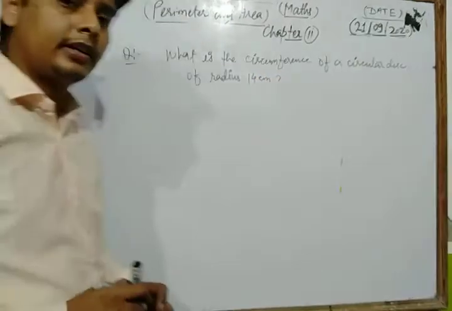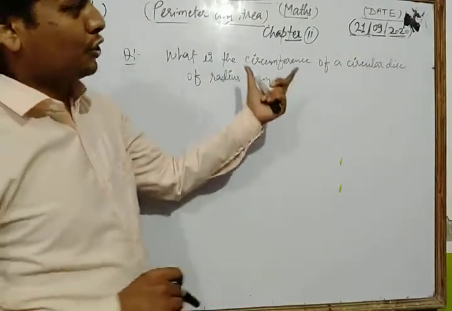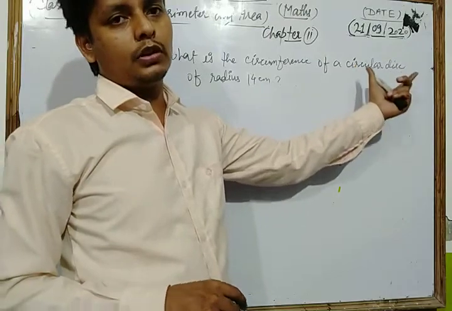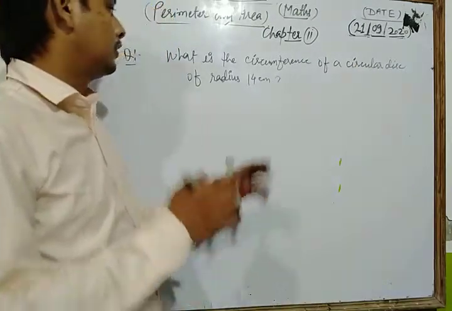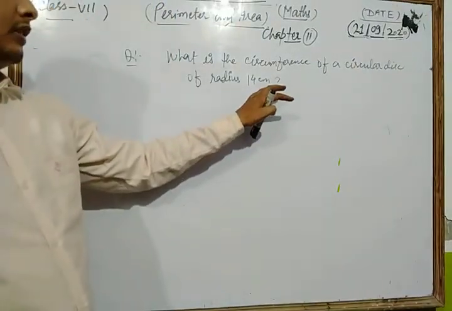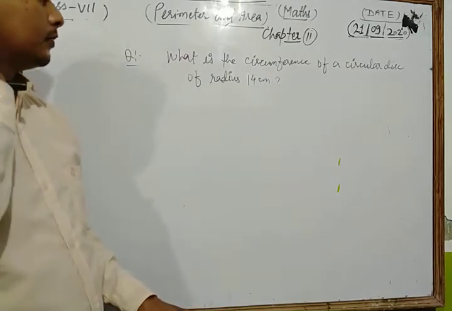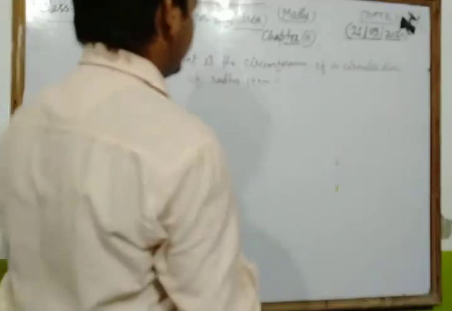This is the question here, dear student. We find the circumference of a circular disc of radius 14 centimeter. Now look at its solution.